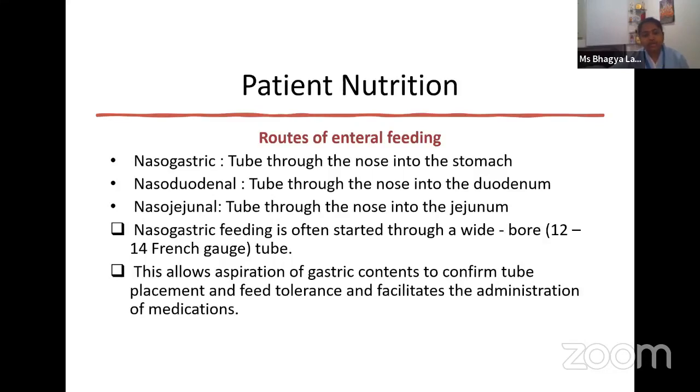The routes of enteral feeding may be nasogastric tube feeding, a tube through the nose into the stomach, nasoduodenal or nasojejunal. For nasogastric feed, as we always know, we have to take care of the patients. When the patient is on nasogastric feed, we have to elevate the bed, aspirate, and check the feeding position. Next slide.